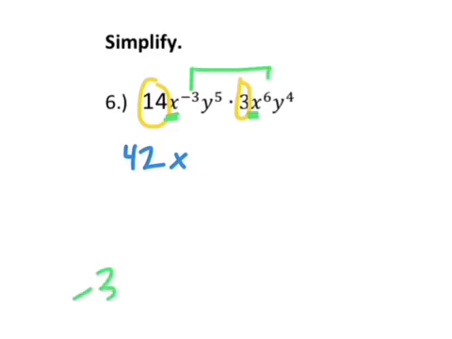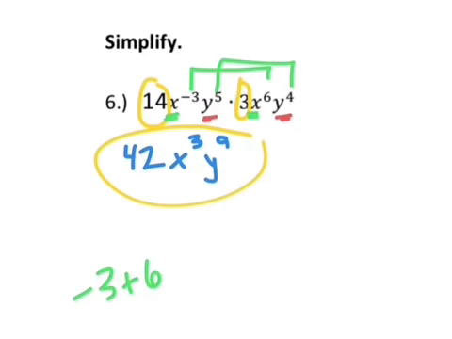So we have to add negative 3 plus 6, and that gives us 3. And then on to the y's. When the bases are the same and we're multiplying, we keep the base and we add the exponents. Final answer is right there, 42, x to the 3rd, y to the 9th.